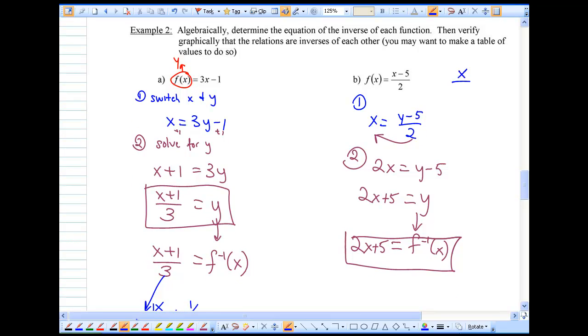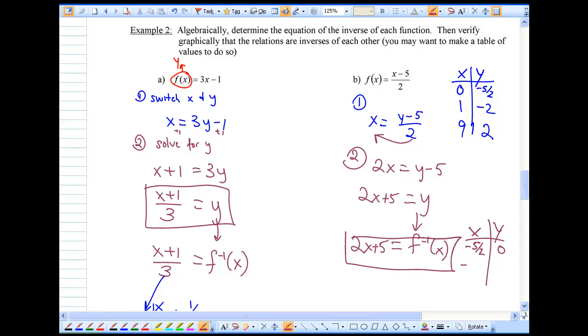Over here, if I chose the table of values of, let's say, 0 for x, 0 minus 5 is negative 5, divided by 2 is negative 5 over 2. If I chose 1, 1 minus 5 is negative 4, negative 4 divided by 2 is negative 2. Let's say I chose like 9, 9 minus 5 is 4, 4 divided by 2 is 2, okay? Over here, if I were to choose something like negative 5 over 2, well, 2 times negative 5 over 2 is negative 5, plus 5 is 0.